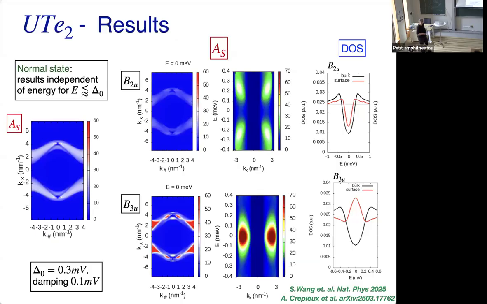They are a bit gapped. It doesn't show here, but if you use a finer broadening and look in detail, you see that they are actually a bit off zero. So these are not exactly symmetric zero energy states like you'd expect for nice topological states.